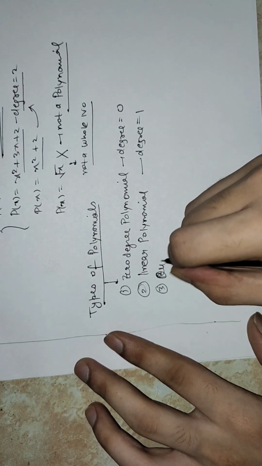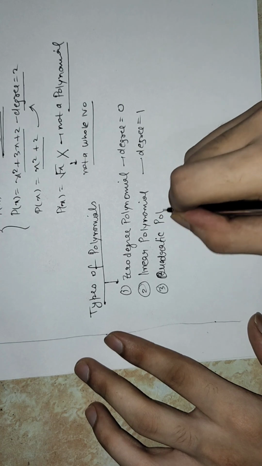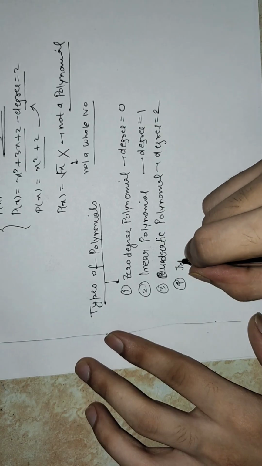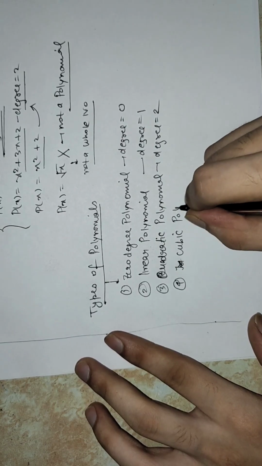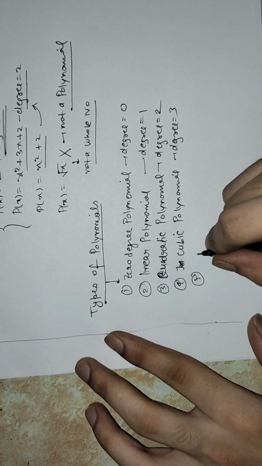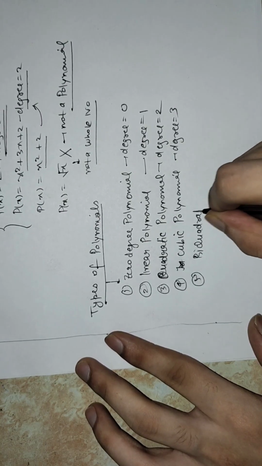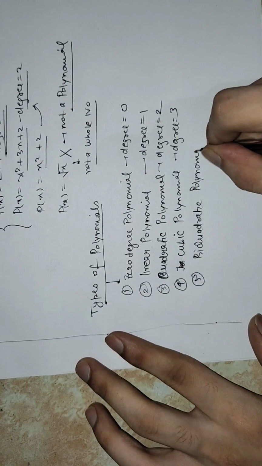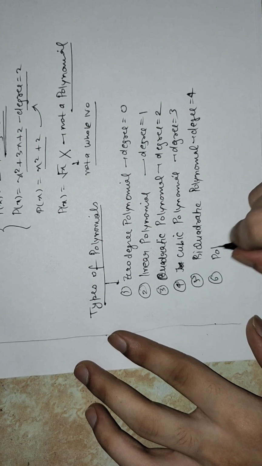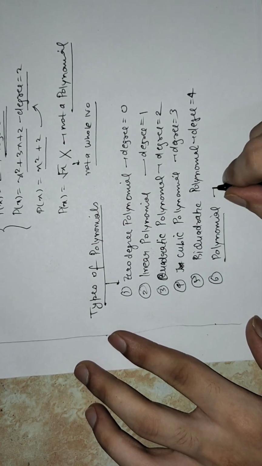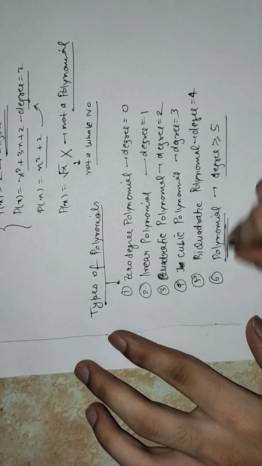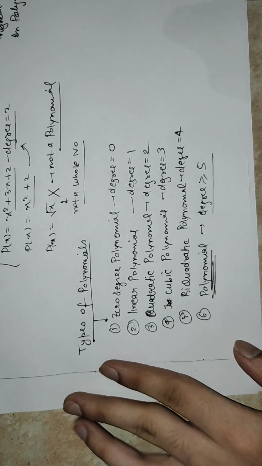We have a quadratic polynomial whose degree is 2, a cubic polynomial whose degree is 3, a biquadratic, and similarly simply polynomial is used for degree greater than or equal to 5.